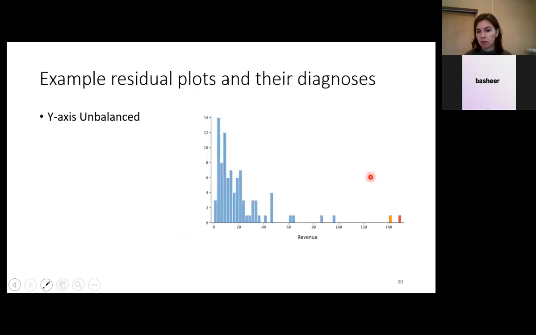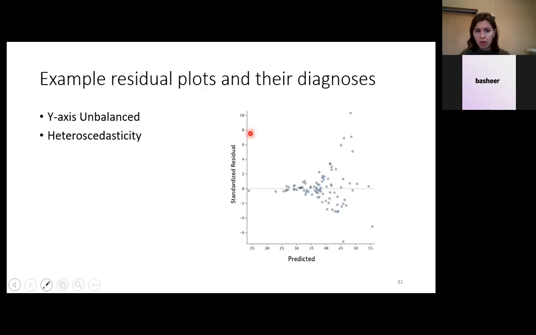Any other problems, and how to find the problems in residuals? We may plot the histogram. And we see that we have outliers. We have unbalanced y-axis. We have heteroscedasticity, it's non-constant variance.